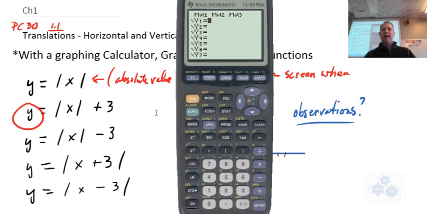Now to get the absolute value, I believe you have to hit the math button, and go over to the number category, and ABS with a bracket, that's absolute value. So you go to math, cursor over to 1, and just hit enter. And you get absolute value. Then put in your x value there, close that bracket, and then we'll graph it. And you should have a graph that looks like this, okay?